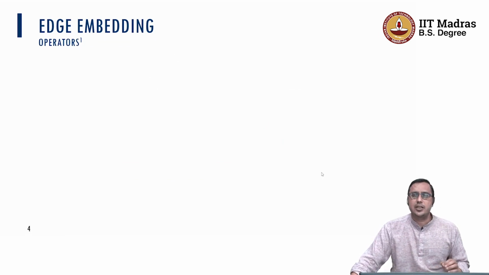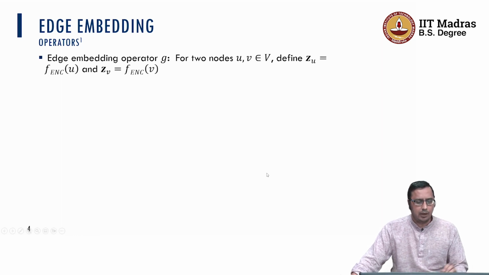Now look at this operator, or function, G. The edge embedding operator G can be looked at as something similar to what we have looked at for decoders.